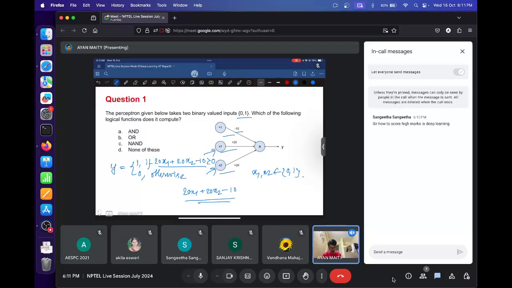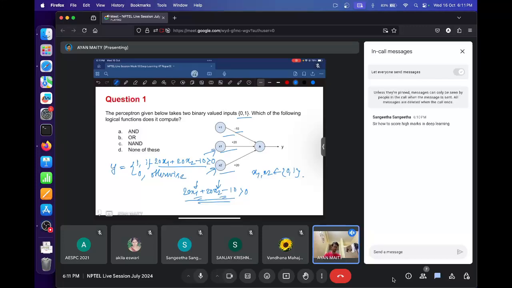If x1 is 1 and x2 is 0, then it's 20 plus 0 minus 10, so overall it's 10, which is greater than 0. The same is the case when x2 is 1 and x1 is 0. And if x1 and x2 both are 1, it's 20 plus 20 minus 10, so it's still greater than 0.